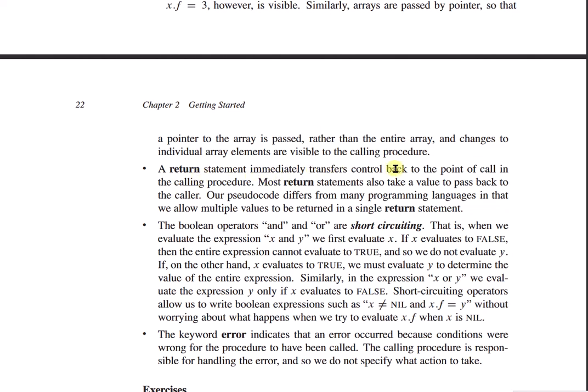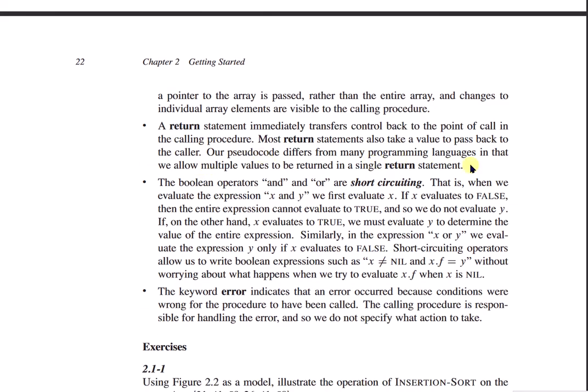A return statement immediately transfers control back to the point of call. Boolean operators "and" and "or" are short circuiting. That is, when we evaluate the expression, they are doing a compiler optimization here.